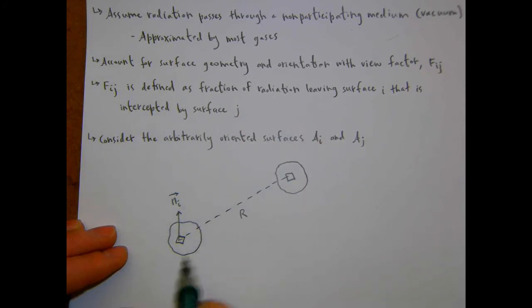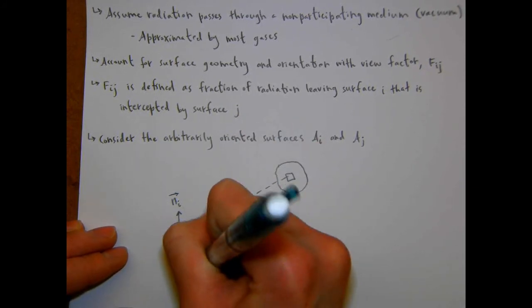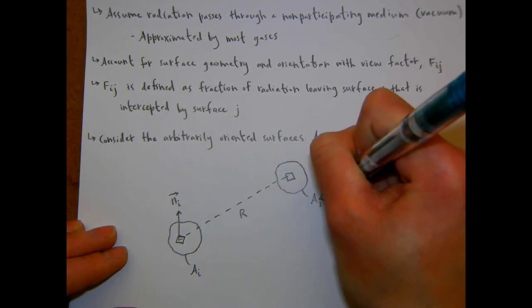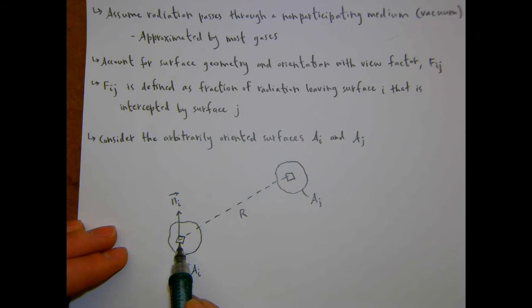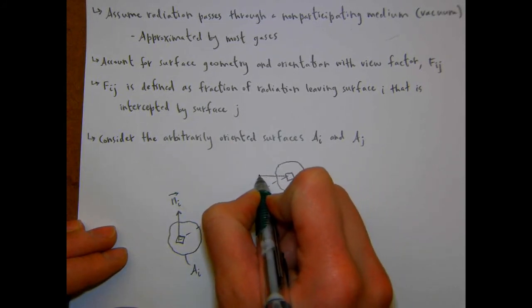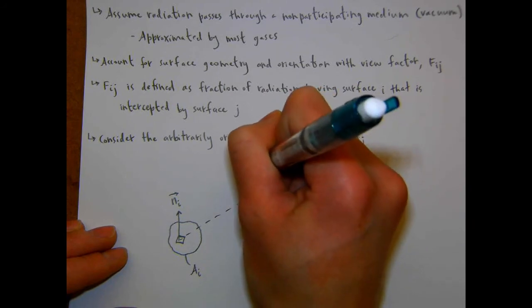We'll draw the surface normals. So this is surface A sub i and A sub j, and the normal, the direction perpendicular to the orientation of surface i, n sub i, and then again for surface j, n sub j.